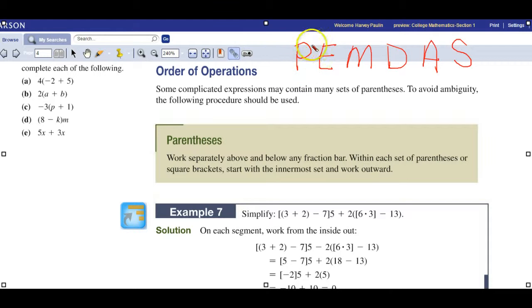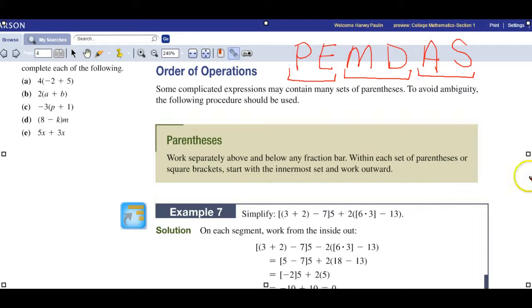So you do whatever is in the parentheses or grouping symbols first, then the exponents. These are sort of done first. And then you're going to do multiplication, division. Now, if division is first, you do division first as you go from left to right. And these can be reversed. And then lastly, you're going to do addition, subtraction, again from left to right.